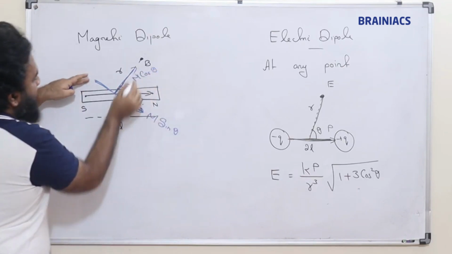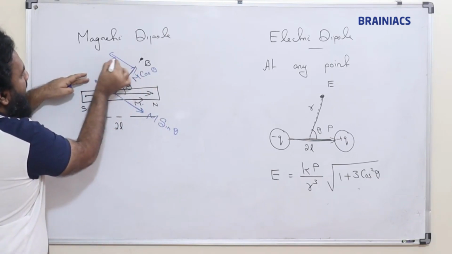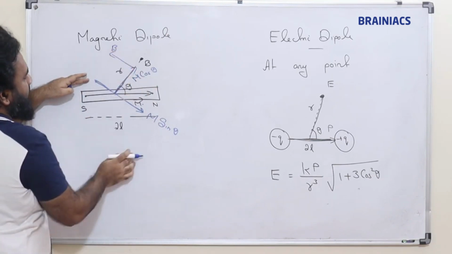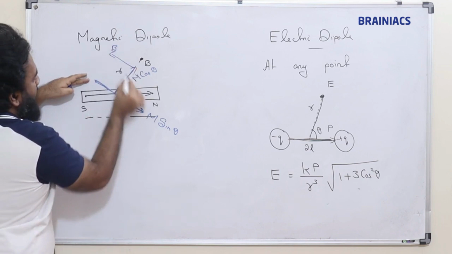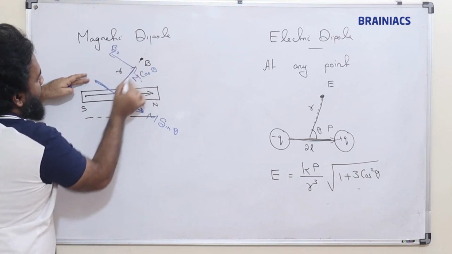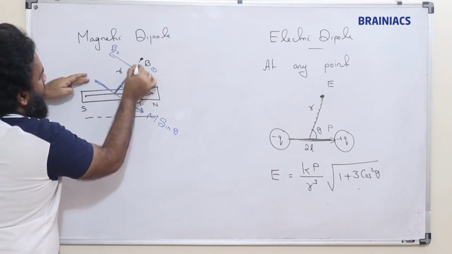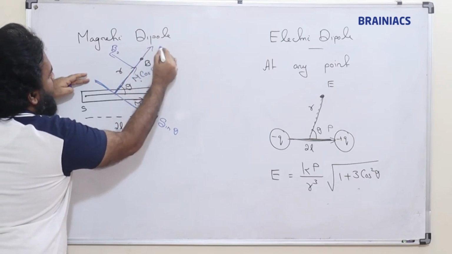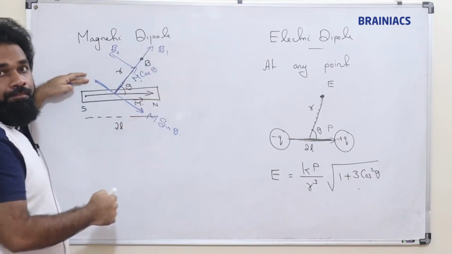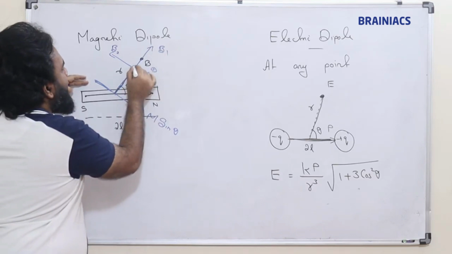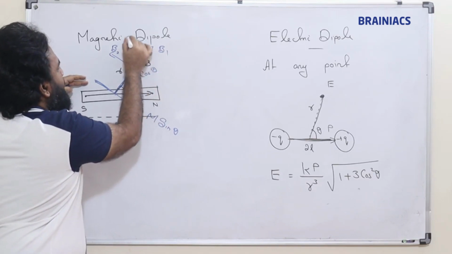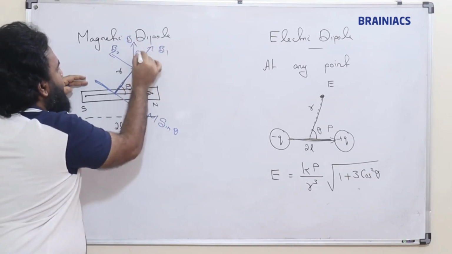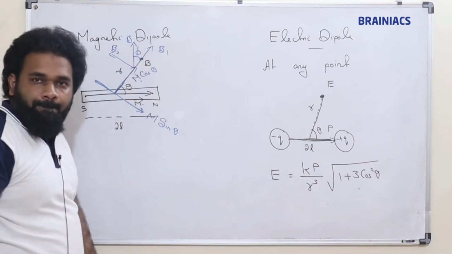Due to m sin theta, there will be a magnetic field in this direction, B2, and due to m cos theta, there will be a magnetic field in this direction, which is B1, and the resultant is going to be here. This angle can be considered as phi.